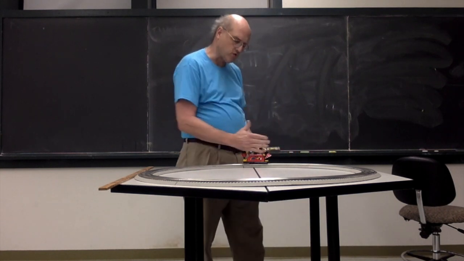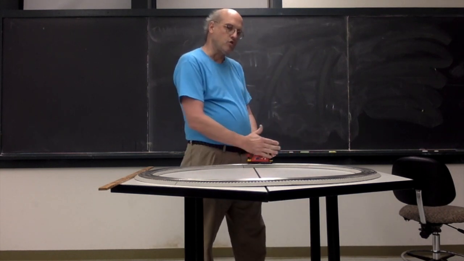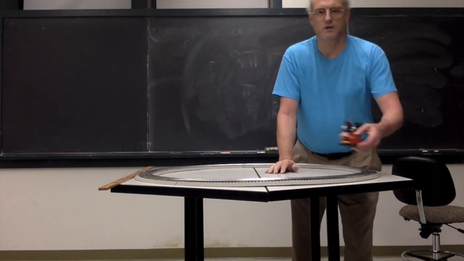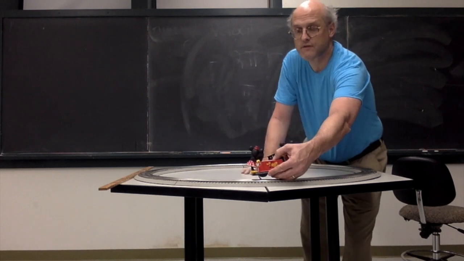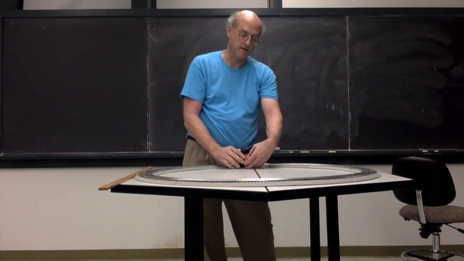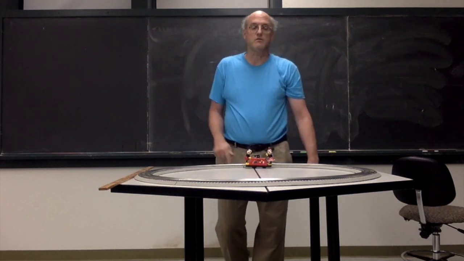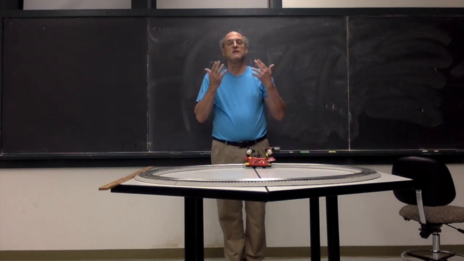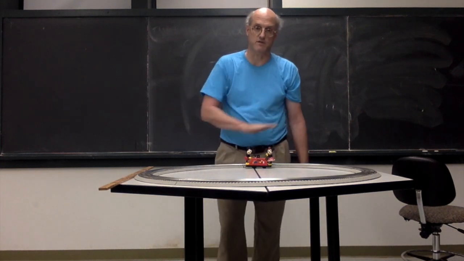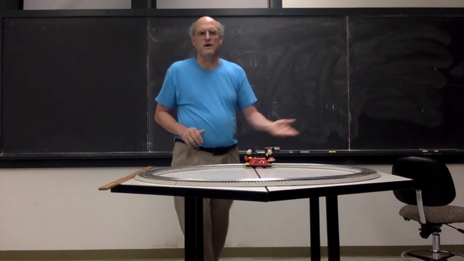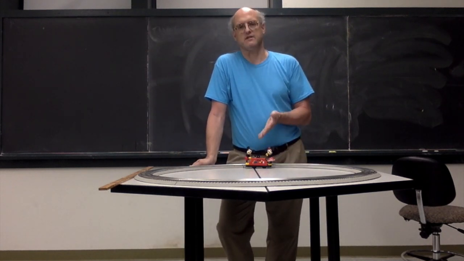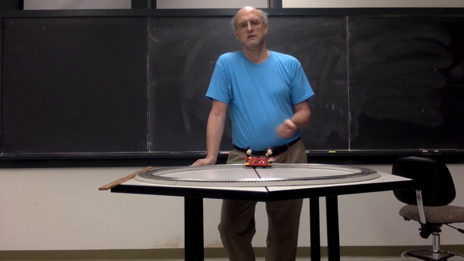Like for example, here it's going to your right. Here it's coming towards you. Here it's going to your left. Here it's going away from you. And here it's going to your right again. So as this goes around, isn't its velocity changing? So even though the speed is always the same, 0.5 meters per second, its direction is always changing. So we would say this has a changing velocity.